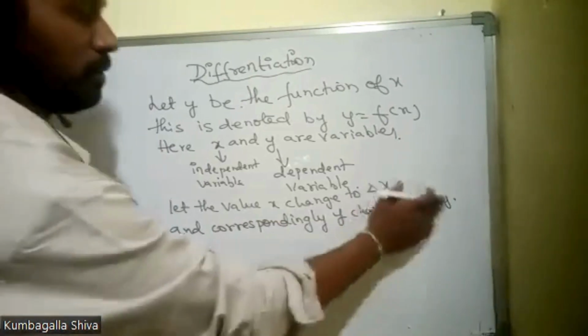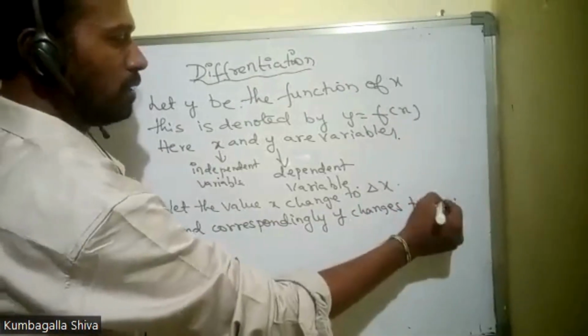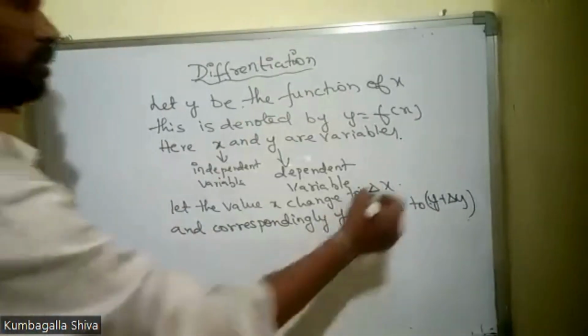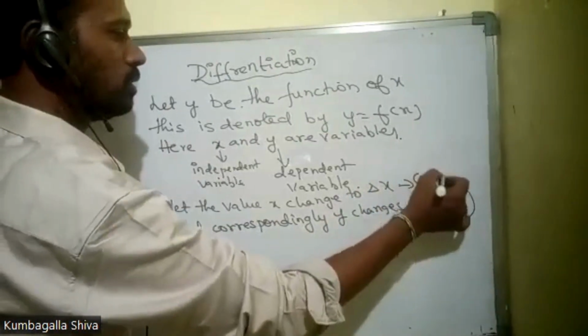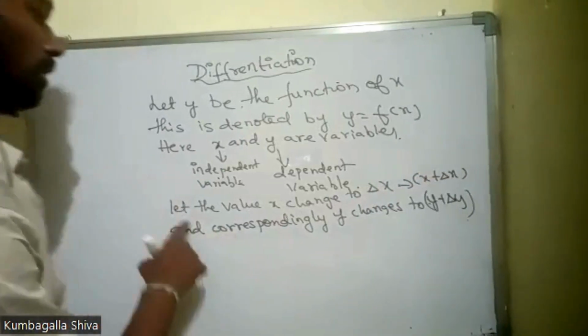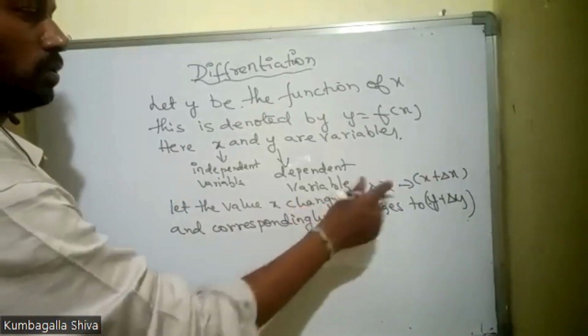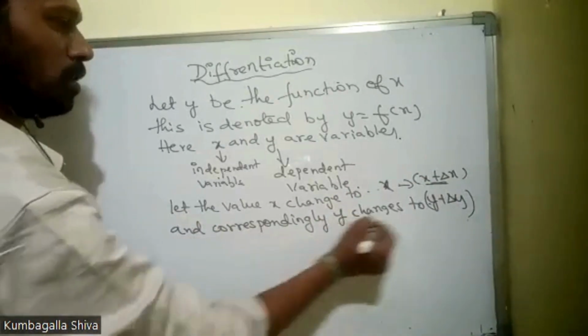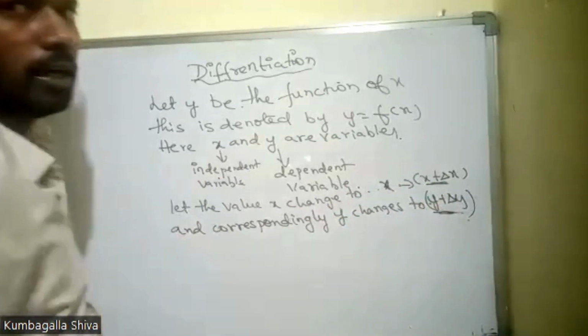That is, delta y means how y changes to y plus delta y. The value of x changes to x plus delta x, a small increment, and correspondingly y changes to y plus delta y.